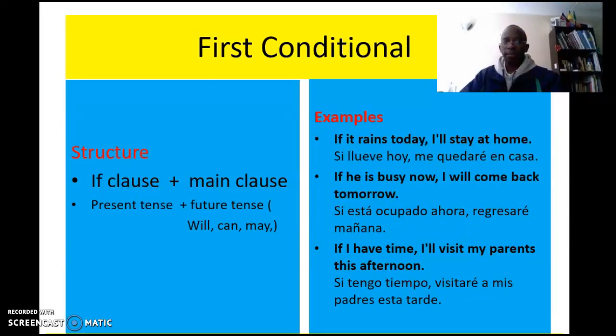Another sentence is, if he is busy now, I'll come back tomorrow. Another one, if I have time, I'll visit my parents this afternoon. It means that mostly you visit your parents in the afternoon, but it presupposes that you have time. So generally speaking, all this is based on things that could be true, and therefore nobody will really negate these facts.